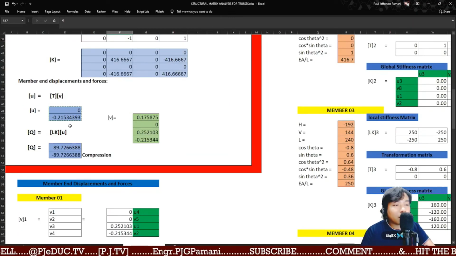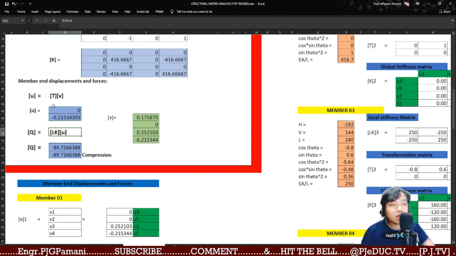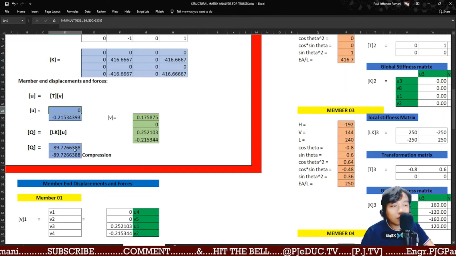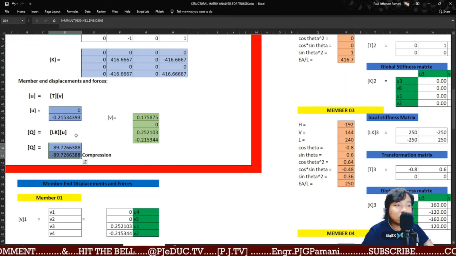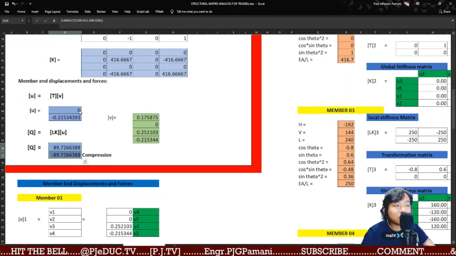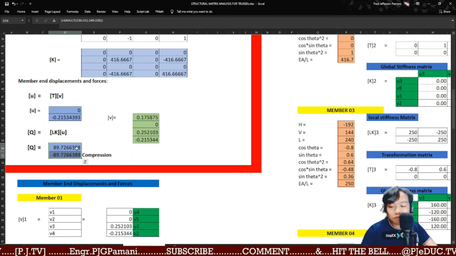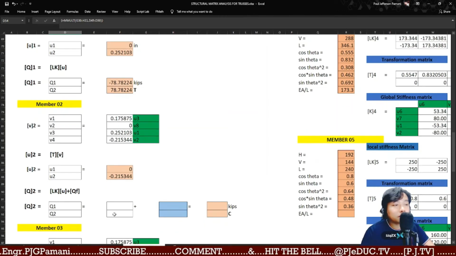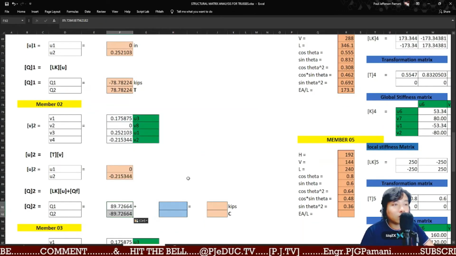Then, multiply the local stiffness matrix of member 2 times the U value of member 2 gives us the equivalent force. This is still without the effect of change in temperature. So, Control C. Then, paste only the value.